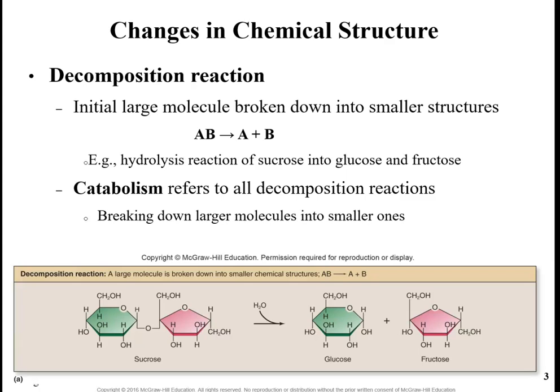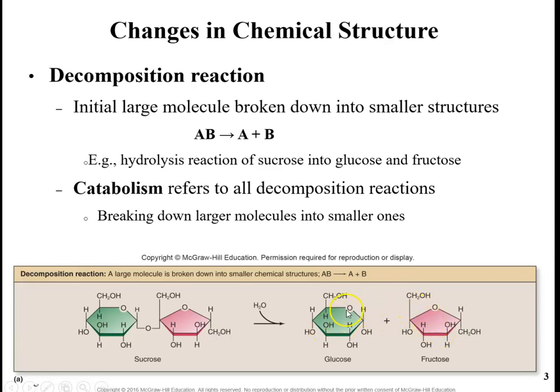All right, decomposition reaction. This is when an initial large molecule is broken down into smaller structures. So here you have AB goes to A plus B. So AB is your large molecule, and it's broken down into smaller structures or molecules. For example, we have the hydrolysis reaction of sucrose, which is a disaccharide, right? It has 2 sugars, into glucose and fructose.